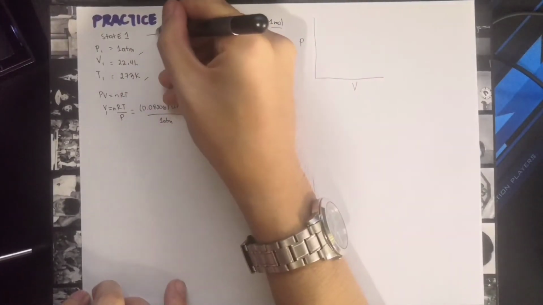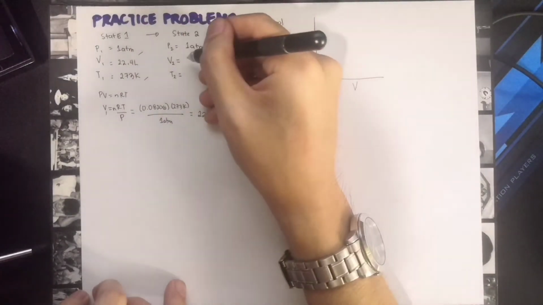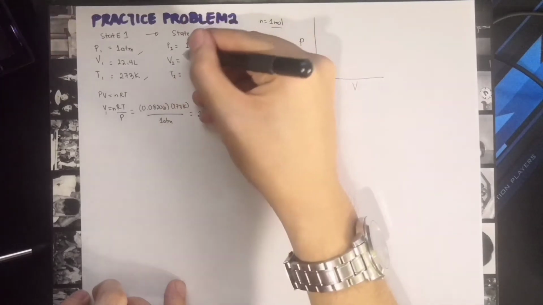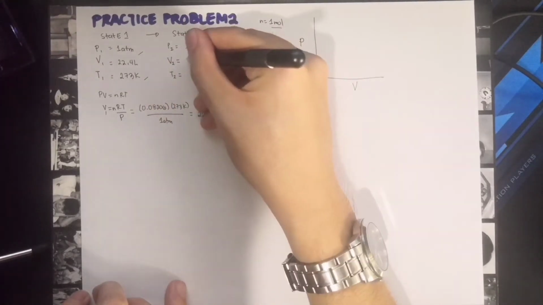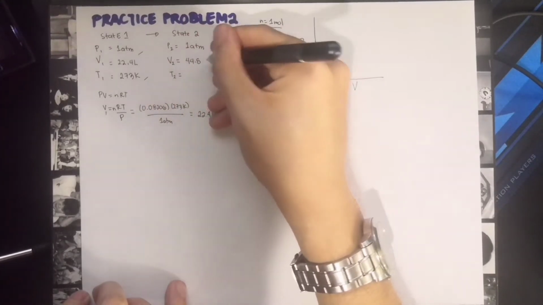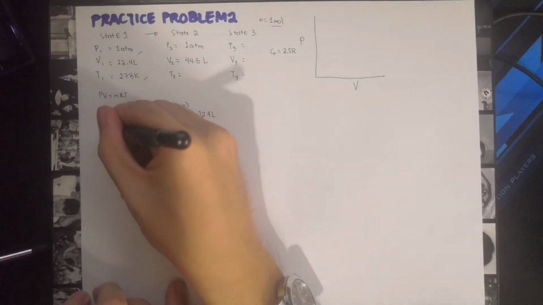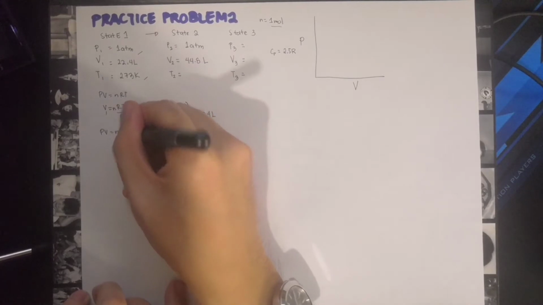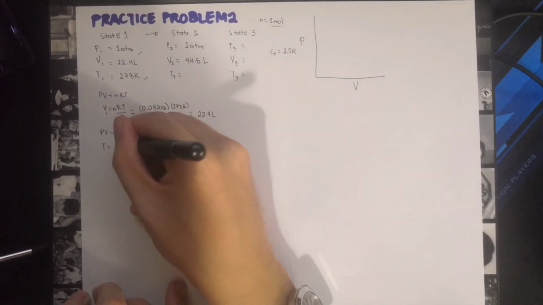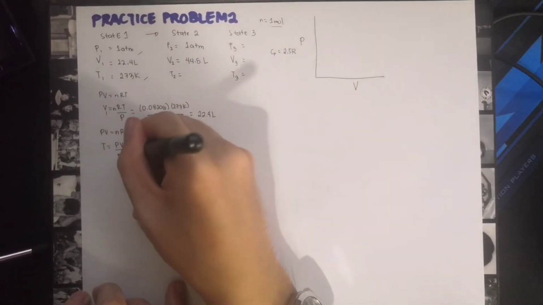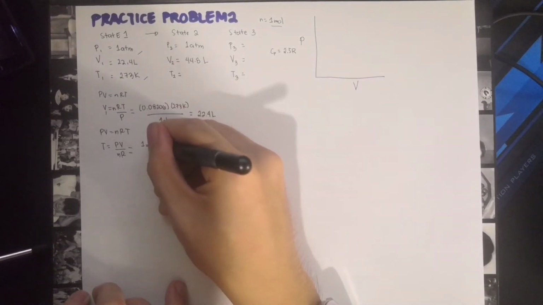Then from state 1 to state 2, we know that the pressure is constant but the volume is doubled. So 22.4 times 2, it is 44.8 liters. To get the temperature for this one, PV is equal to nRT or T is equal to PV over nR. Pressure 2 is 1 atm.